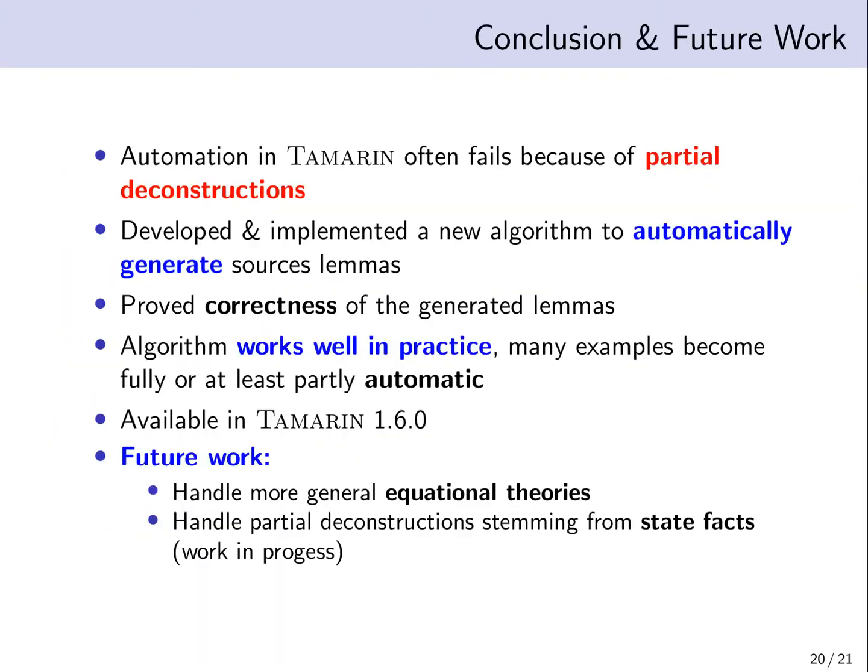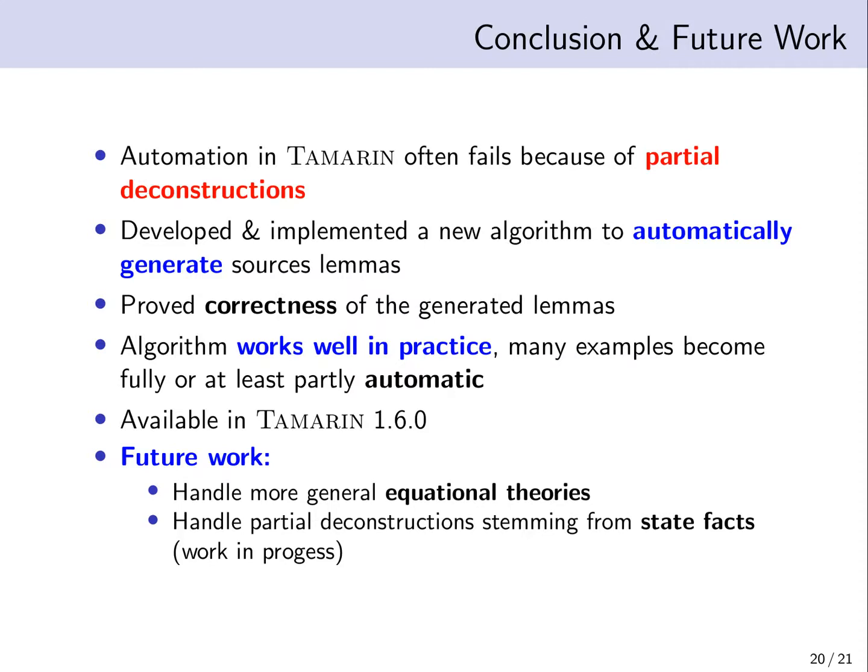So to conclude, the automation in Tamarin often fails because of partial deconstructions. We developed and implemented a new algorithm that automatically generates sources lemmas to remove these partial deconstructions. We proved the correctness of the generated lemma on paper. It turns out that our algorithm works well in practice. We tested it on many examples, and many of them become fully or at least partly automatic.